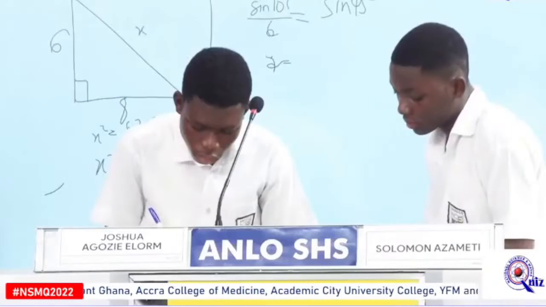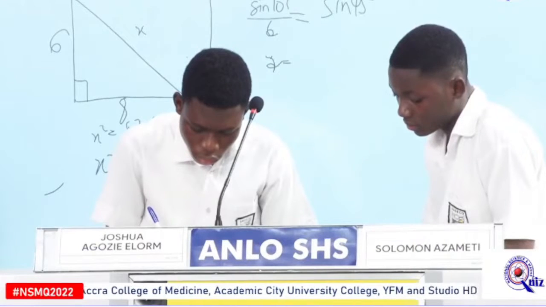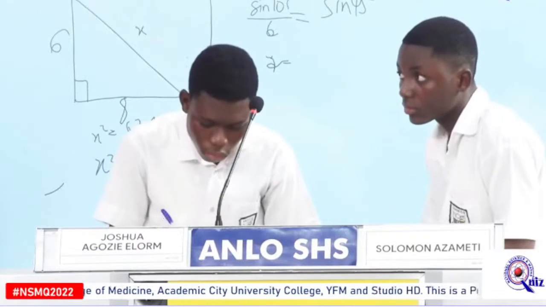they would have to state that the hypotenuse is the diameter of the circumcircle. That's the circle around the triangle. If you're able to state this, you earn 1 point.